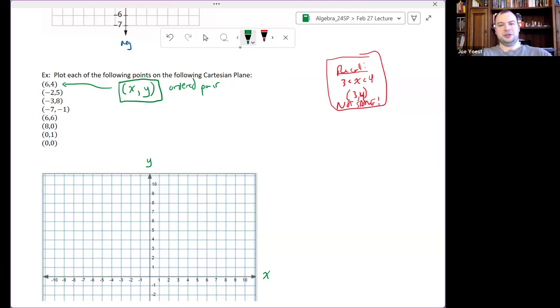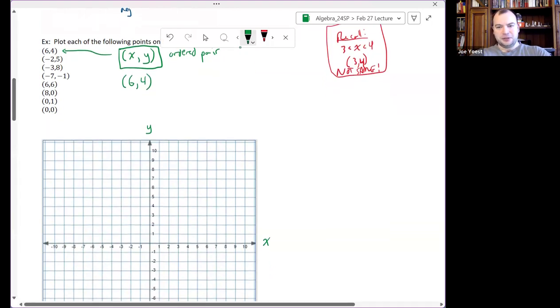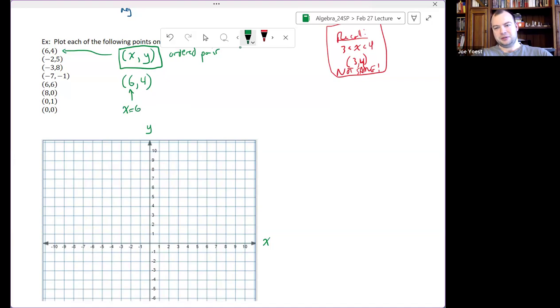So if I look, for instance, at (6, 4), what I'm saying is I want to go to the point where X equals 6 and Y equals 4. So the X coordinate, or the horizontal coordinate, always comes first. The vertical comes second.